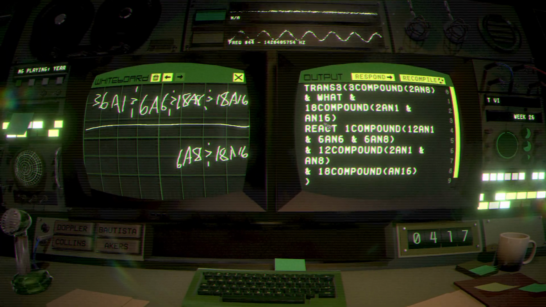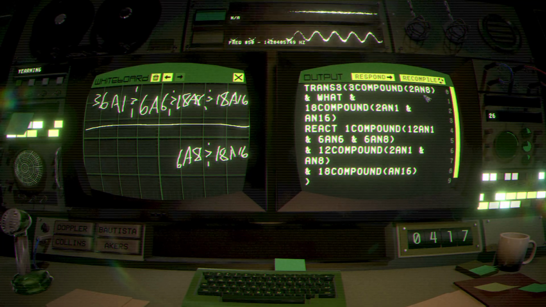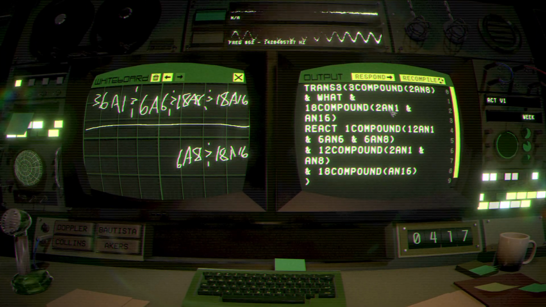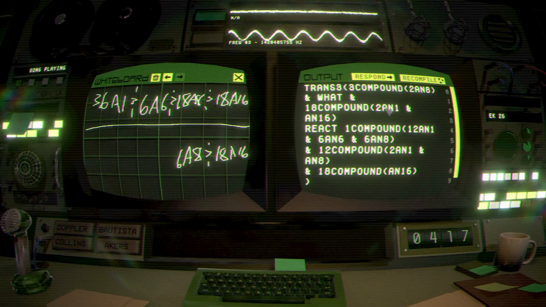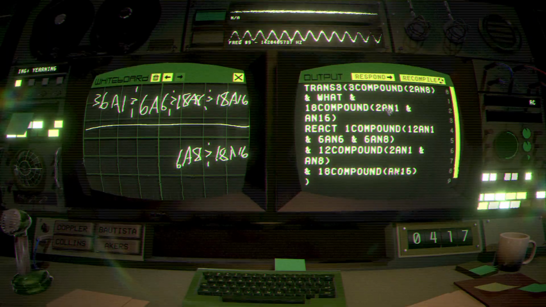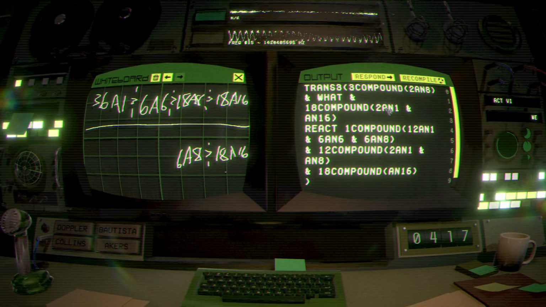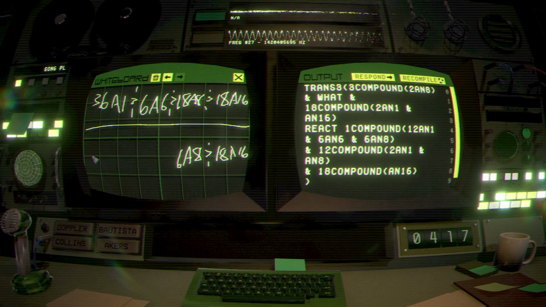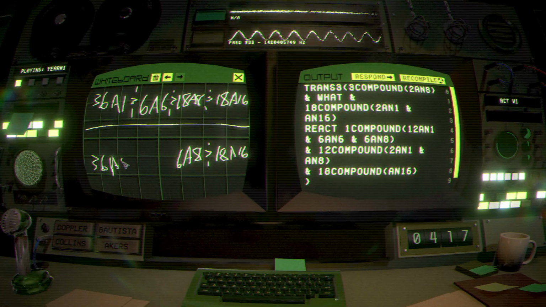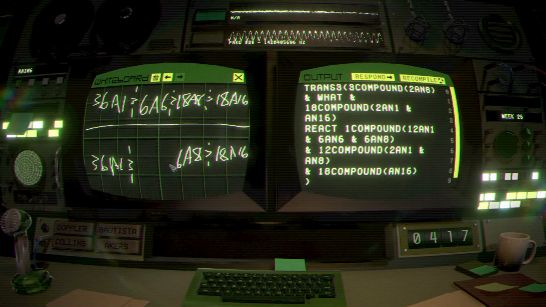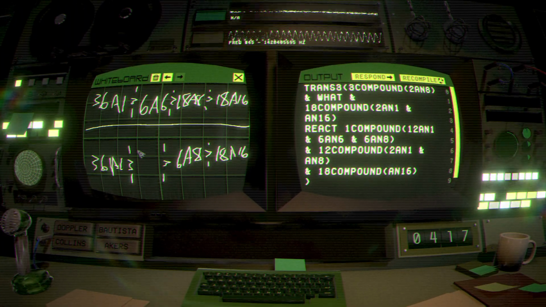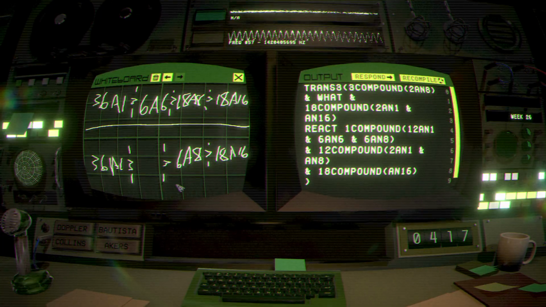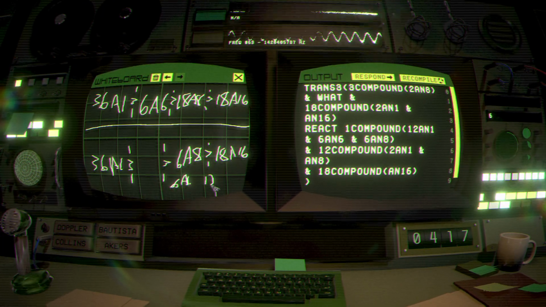Then we have, let's see, we already did the, yeah, okay. 18 times 2. 36. Okay. What is that? AN1s. We need 6 AN6 and 12 A8s. 6 A6, 12 A8.